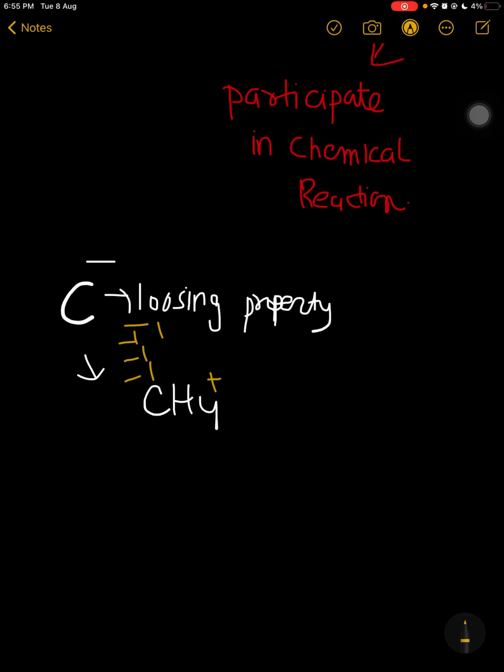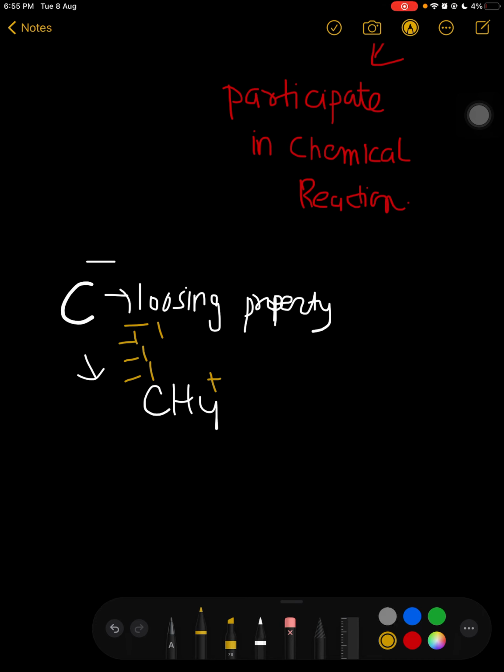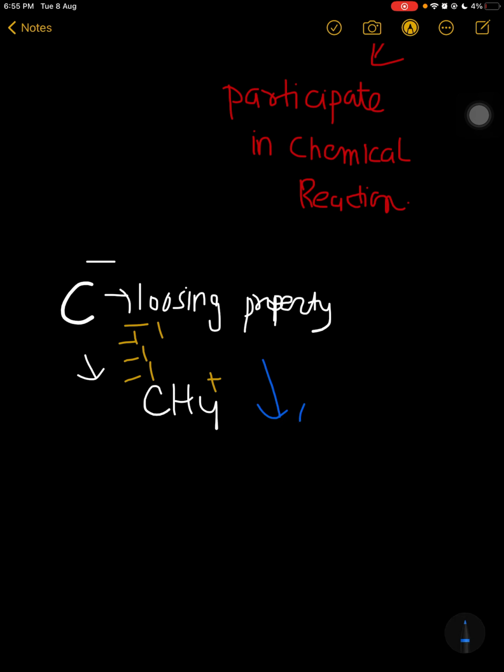So this reduced carbon has participated in the chemical reaction, and after that, obviously, it can lose electrons and get oxidized. It can easily get oxidized, so that's why we say that it can do combustion, right?